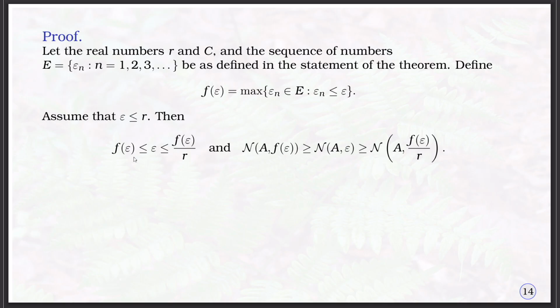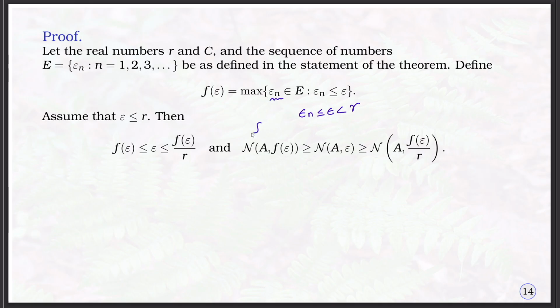Then one can get f of epsilon is the maximum among this epsilon n, this epsilon n is less than epsilon. Therefore, this epsilon n is less than epsilon, this epsilon is less than r. Therefore, the maximum among this epsilon n is less than or equal to this epsilon.